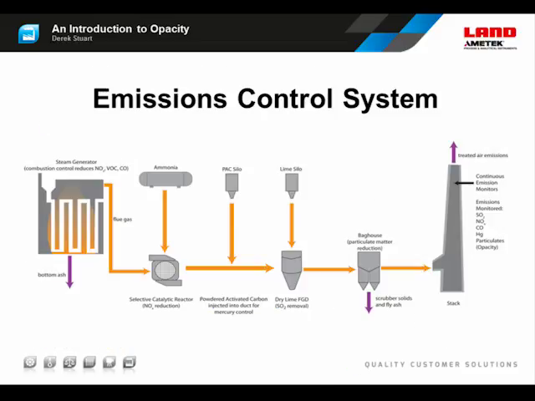A little bit more detail on the cleanup system, the emissions control system, which is used on a modern power plant. So in the boiler, some of the ash, the solid non-combustible material in the coal, will drop to the bottom of the boiler, and this is referred to as bottom ash, and this is taken away and basically goes to landfill.